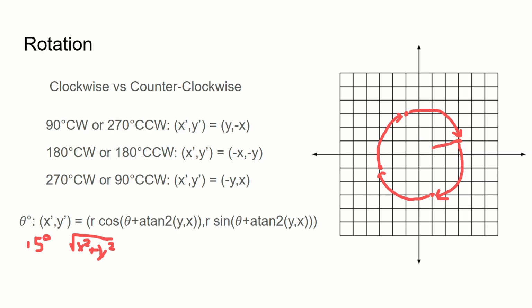So if we're looking at this, this would have a magnitude of a little bit over 3, and then this would be the angle. And so if we're doing another angle of 15 degrees, we simply just add a little bit more here, and we'd end up somewhere about there. And so all we're doing is just adding this new theta to the original angle for both x and y. And we're making sure it will have a magnitude of r, which is the square root of x squared plus y squared.